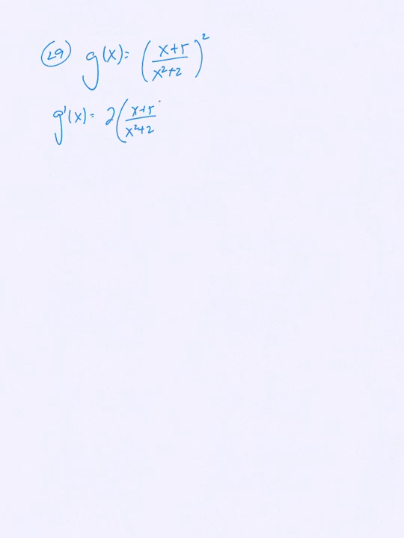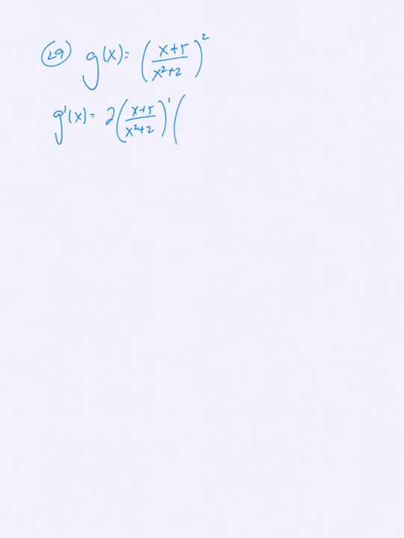29 looks amazing. It seems we definitely got some quotient rule happening within a chain rule. Okay, so G prime. 2 comes in front. This is now to the first power, but now we have to multiply by the derivative of what's inside. So here's our quotient rule.